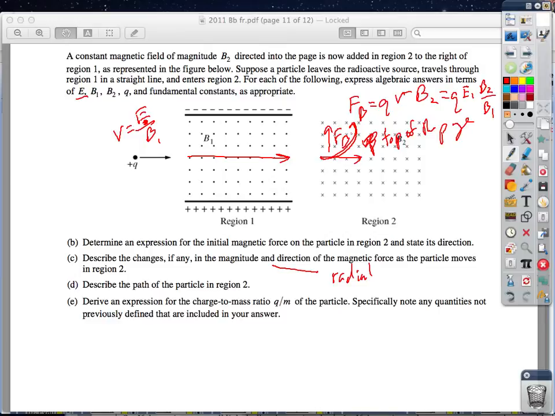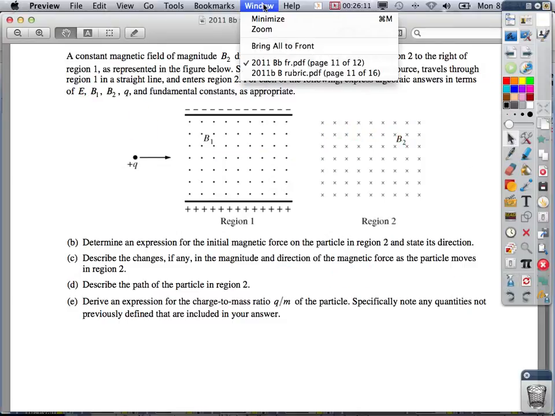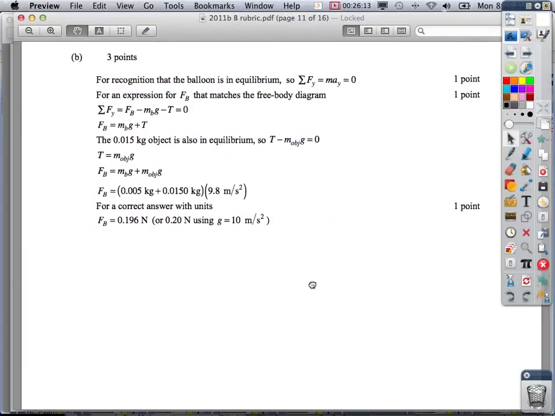So the magnitude should stay the same in region 2, but the direction will always be radial. First it'll be up, then it'll be up to the left, and so on until it's about to leave the region. Just to double check where we are, let's take a look at this.